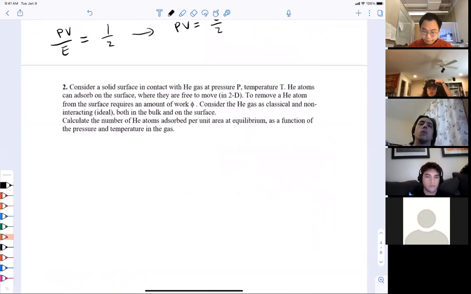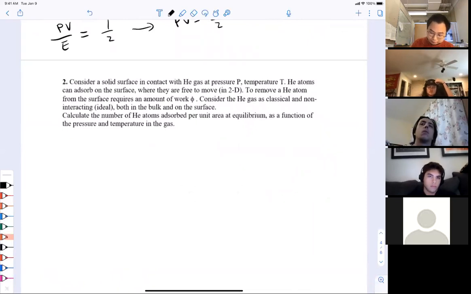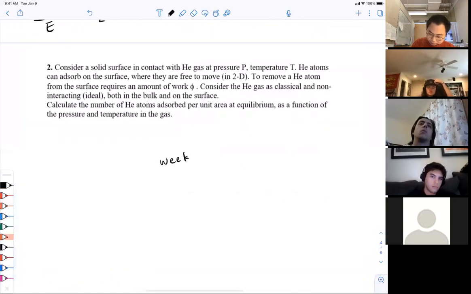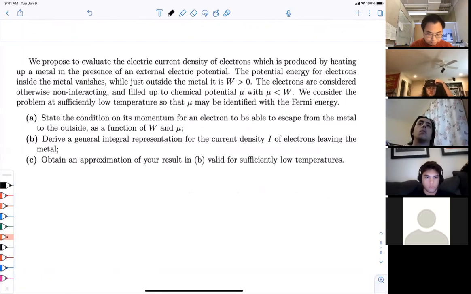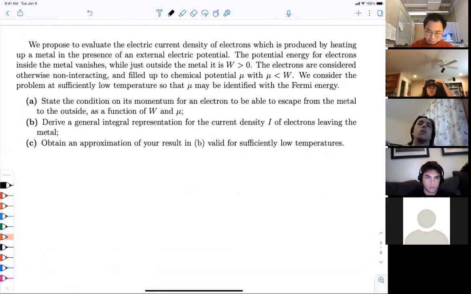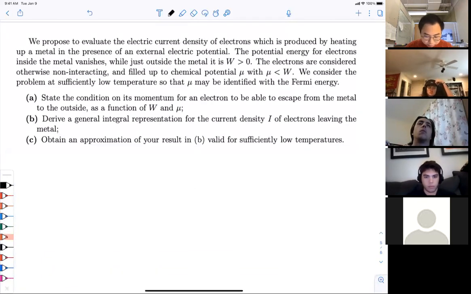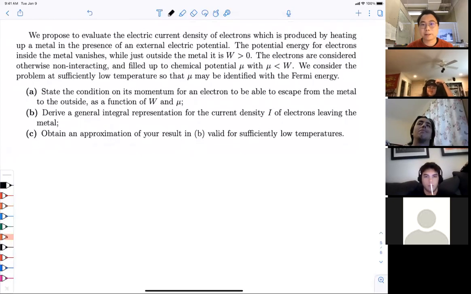Okay, so the second problem I did, I think, in week 8. So you can take a note if you want. Escape this one. So let's look at this problem. It's also a very fun problem. Maybe we take 5 minutes to read the problem and we can do it together.